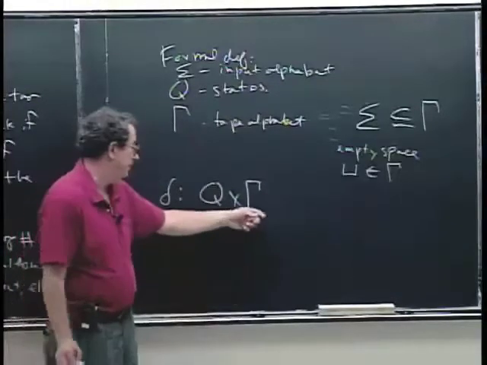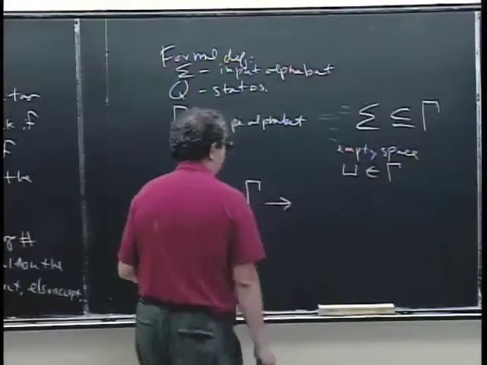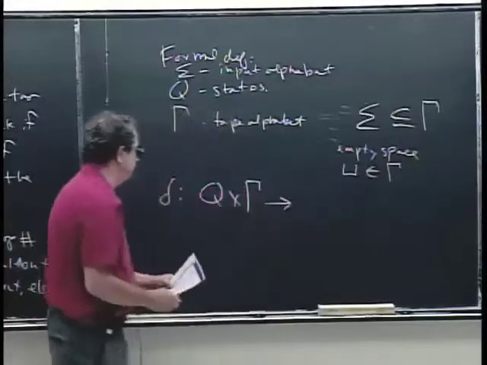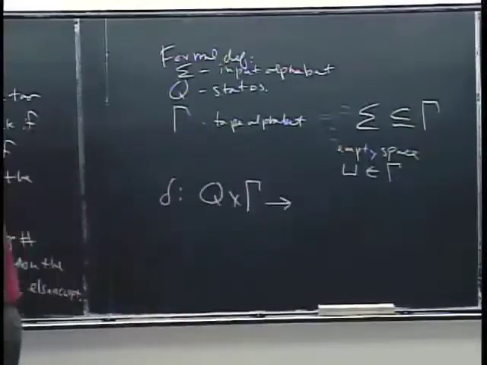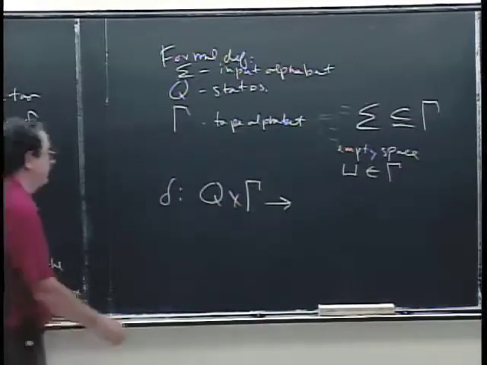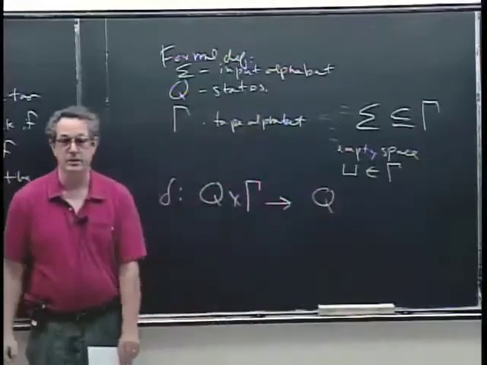So this has got to be the tape alphabet. And then it's a function from that to what? Well, I've mentioned before what a Turing machine can do. It can change its state. So definitely we have to put Q there.